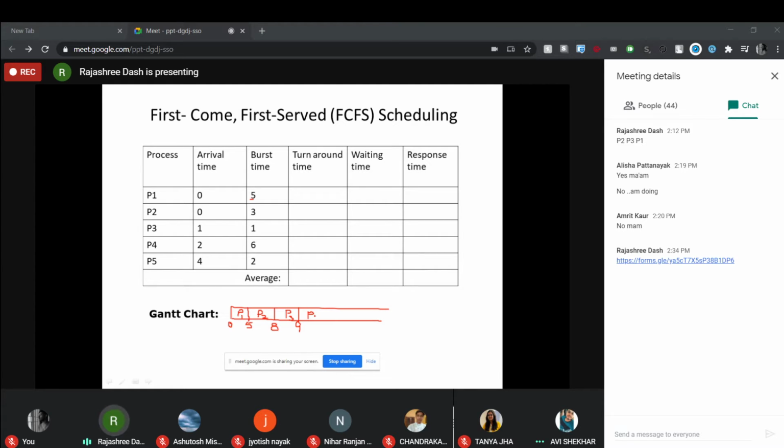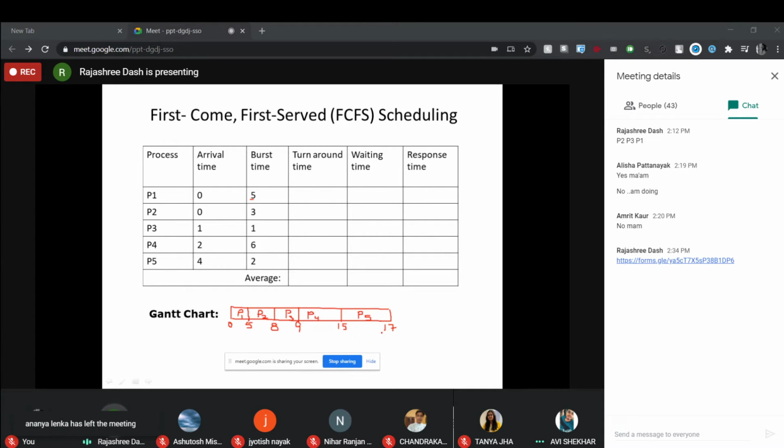P4 will continue up to 15, because the CPU burst time for P4 is 6. So 9 plus 6, it will continue up to 15. Now after P4, finally P5 will be allocated to the CPU. P5 will start its execution at 15 and continue up to 17. So all of you quickly complete the chart.